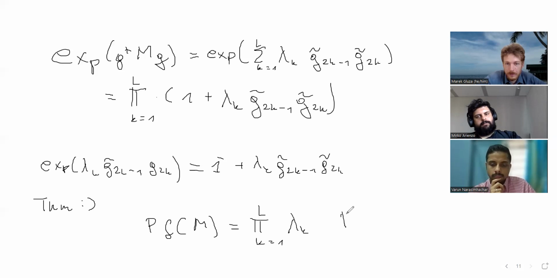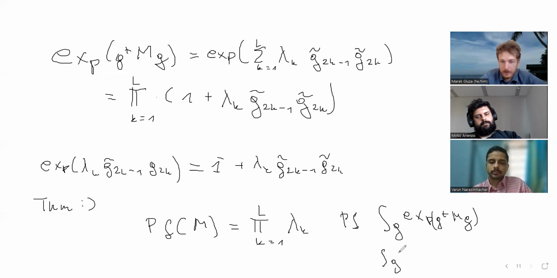And for the proof, I need to show that the integral of exp of g tilde M g is the same if I switch to g tilde, but this is the determinant of Q basically for each of the integrals, right?